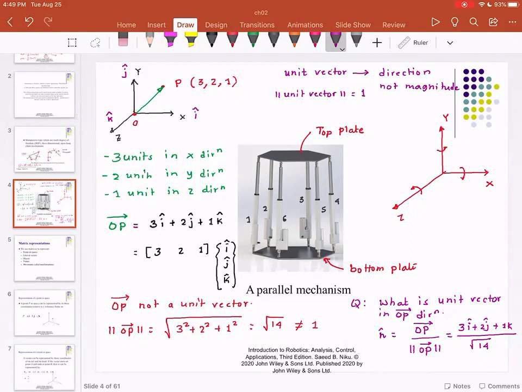Some of you may ask, okay, that's fine, but what is the advantage of a unit vector? The advantage of a unit vector is it shows you direction. If you want to go from point O to point P, think about point O being in this auditorium and point P in the library.